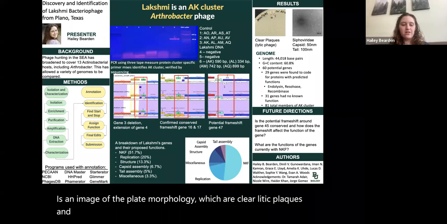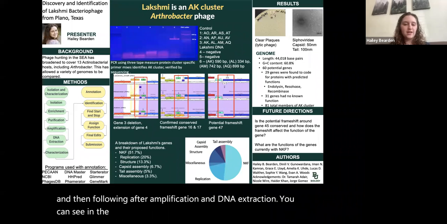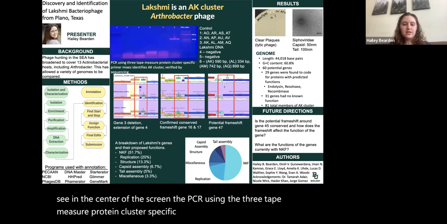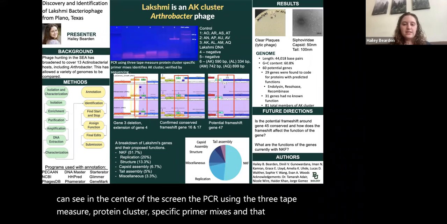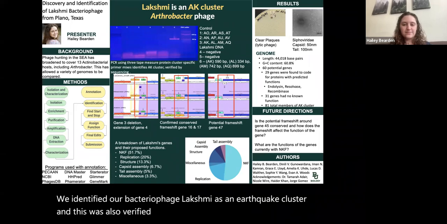Following amplification and DNA extraction, you can see in the center of the screen the PCR using the 3 tape measure protein cluster-specific primer mixes. With this, we identified our bacteriophage Lakshmi as an AK cluster, and this was also verified by sequencing.